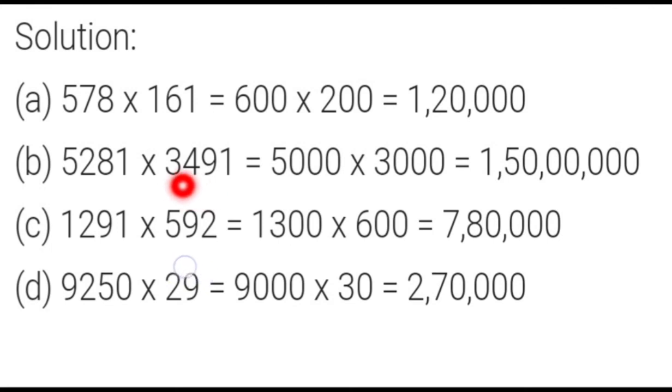So what we are going to do, if we go to 3, 5 and up, right, then we are going to get a long answer, because still we have not crossed 500. It's a rough estimate, right? So we are going to take 3500, or else you may take 3000, the nearest 1000. So when you're going to multiply this, you are going to get 1,50,000.